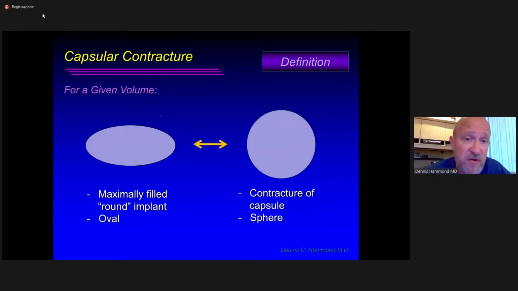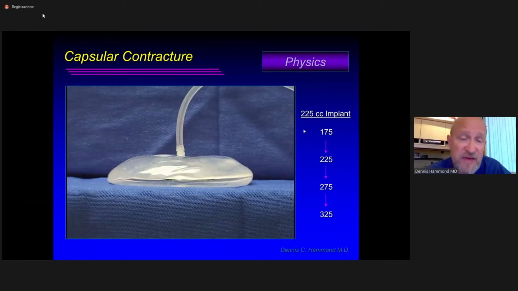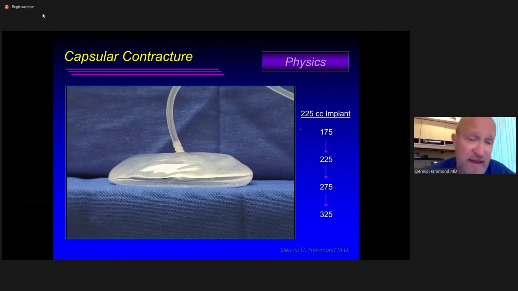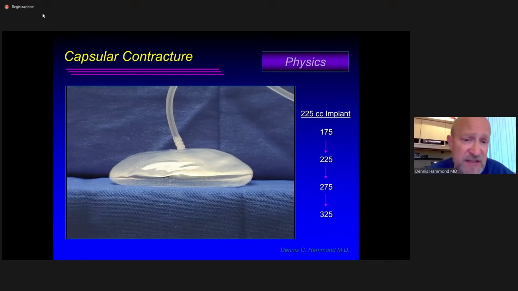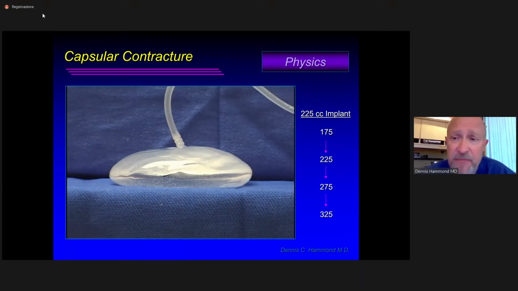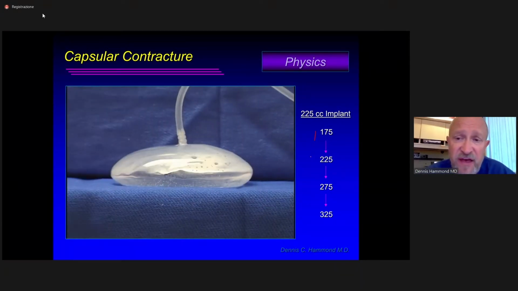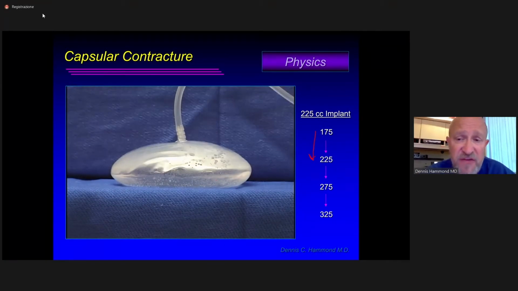So you go from here, which is a normal breast implant, over to here. That's what happens when capsular contracture takes place. You can see this demonstrated here, just a little bit the opposite. This is me filling a saline implant, and I just went from 175 to 225 cc's.